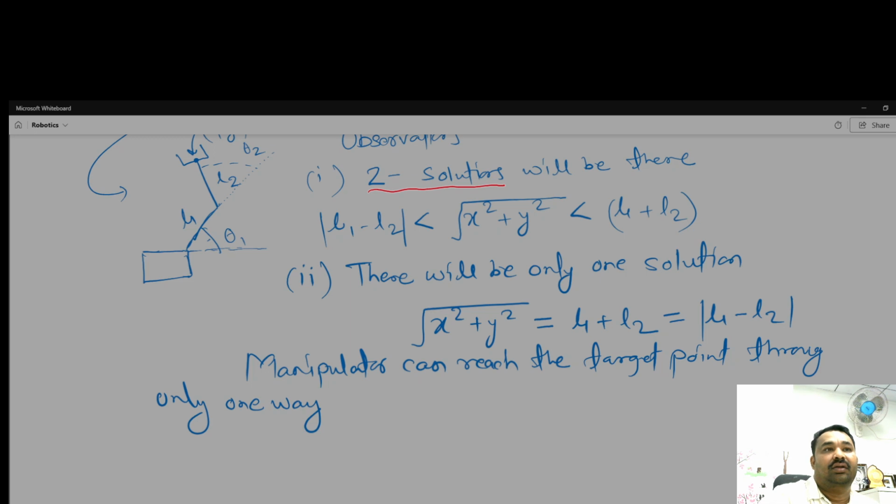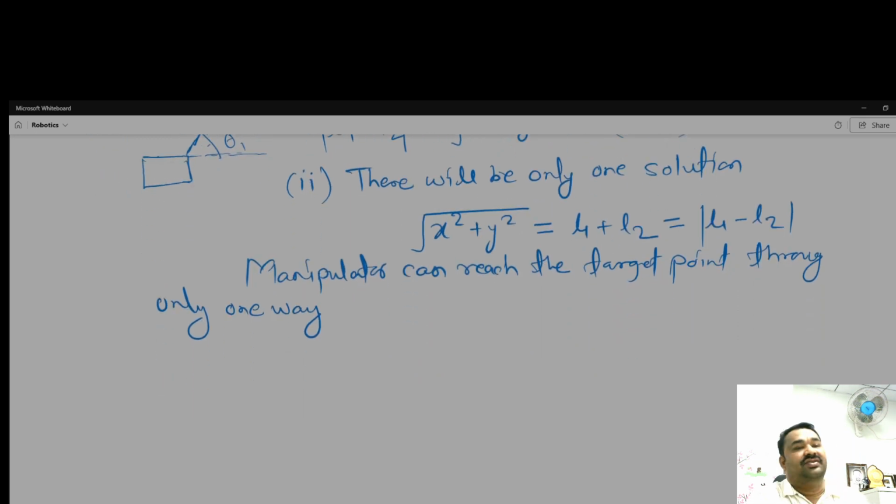This is the situation where the two links behave like one link.